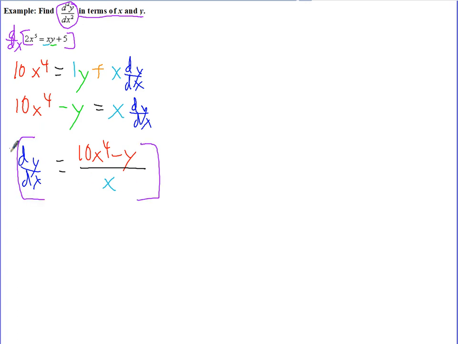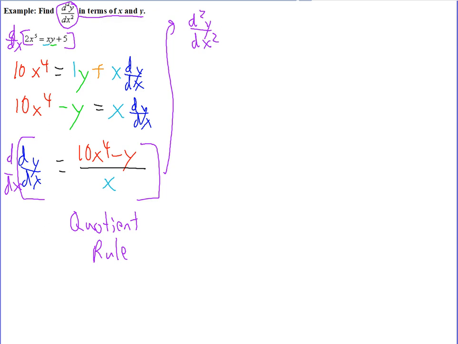Find the derivative of this expression with respect to x. And notice here you need to use the quotient rule. Using the quotient rule, well, the derivative of the first derivative would give you the second derivative. And the quotient rule is similar to the problem with the derivative of the numerator. So the derivative of 10x to the fourth is 40x cubed minus derivative of y is 1, but that's a y term, so that's where I need dy dx.